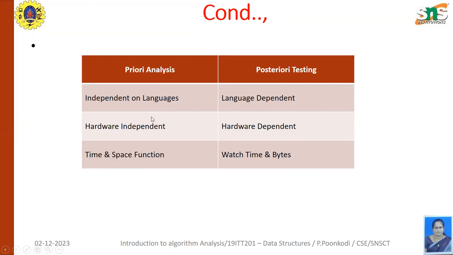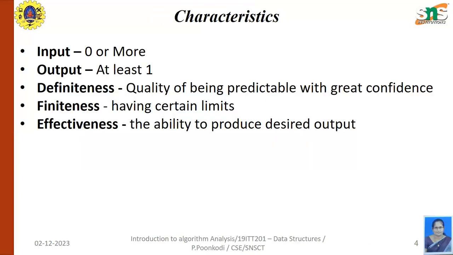While writing an algorithm, you must concentrate on time and space functions. In the posterior stage, we just watch whether what you wrote in the algorithm is attained. Here the space is considered in terms of bytes: how many bytes your algorithm occupies to run your program.